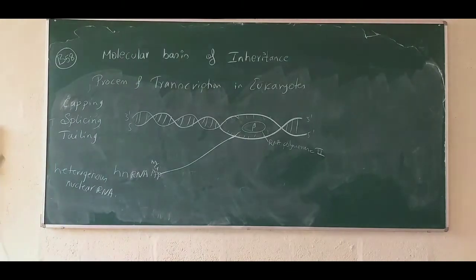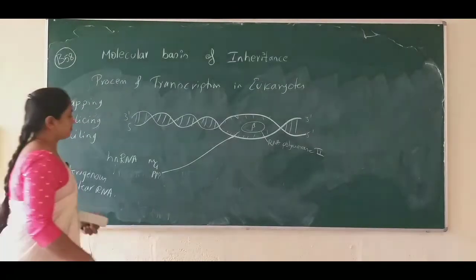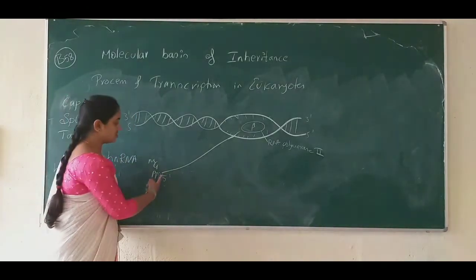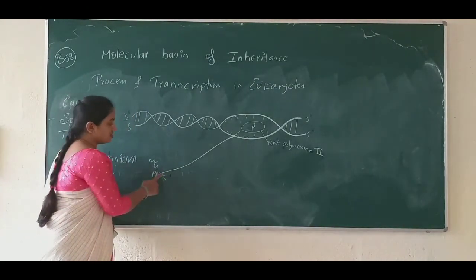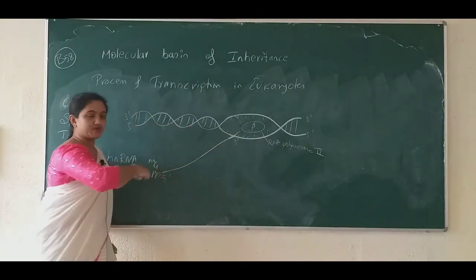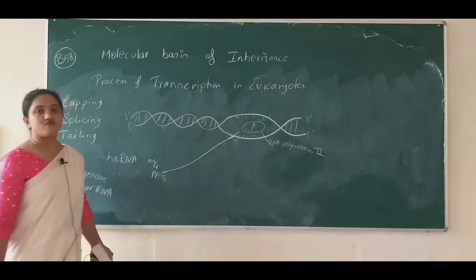Alright. So here, to the hnRNA at the 5' end, just listen to me, at or nearer to the 5' end. So this is how it's synthesized from 5' to 3'. So this is the RNA.